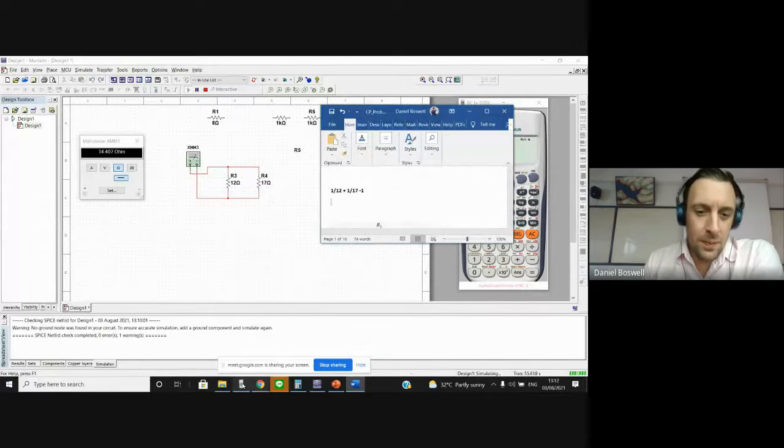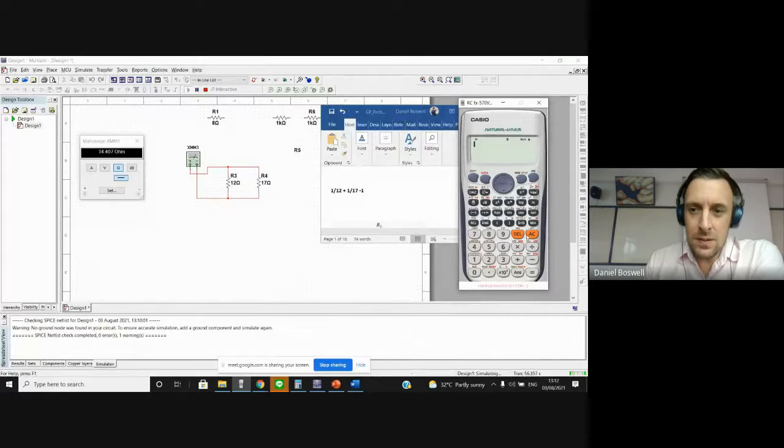So we'll do 1 divided by 12 plus 1 divided by 17, close bracket to the negative of 1, and equals. 7.034.